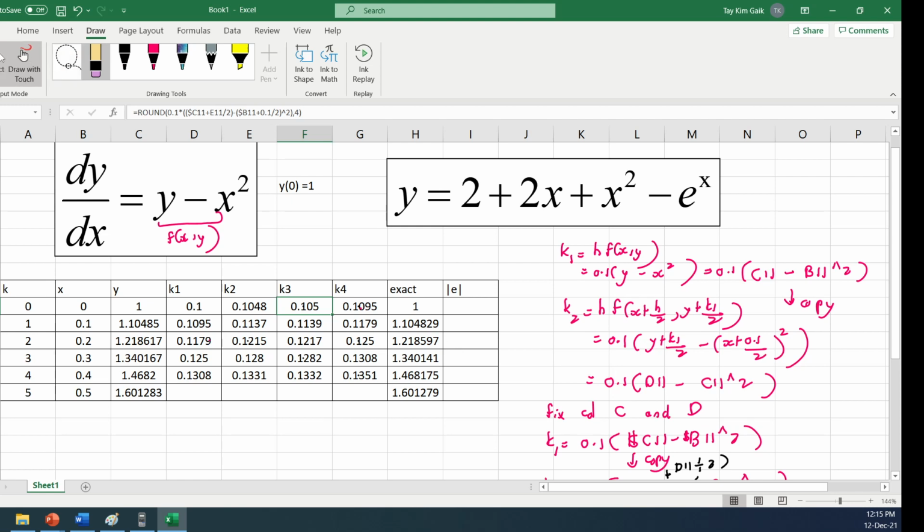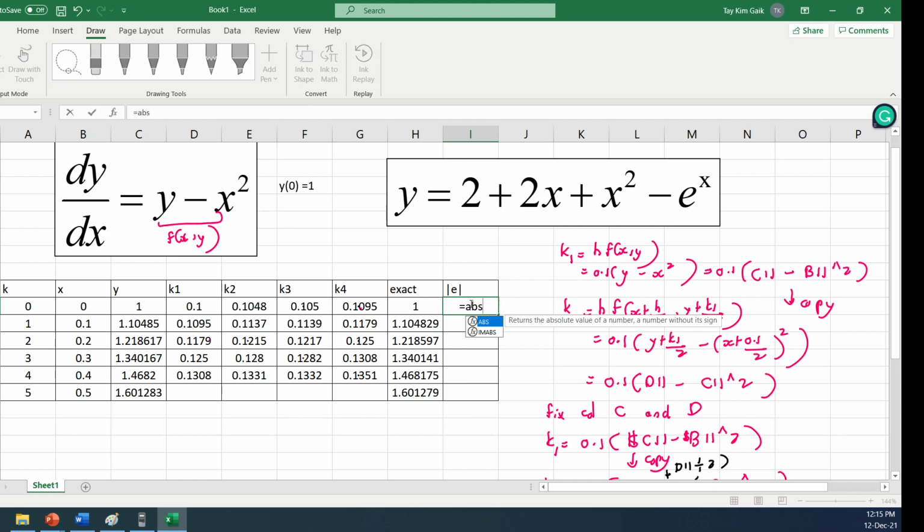Then you key in the absolute error formula, which is ABS. Your approximate, deduct exact. Key in wrong. Sorry. H is here. H11. Copy it down.